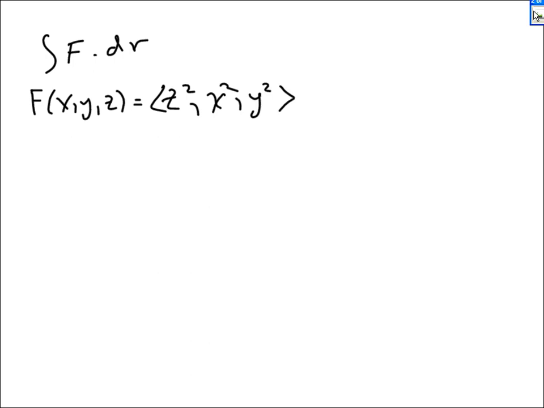That's a bit more interesting. And the surface is where z is equal to 4 minus x squared minus y squared, and z is greater than or equal to 0.